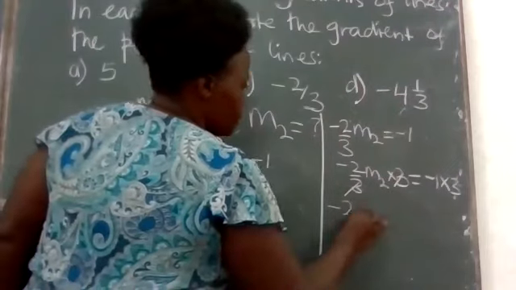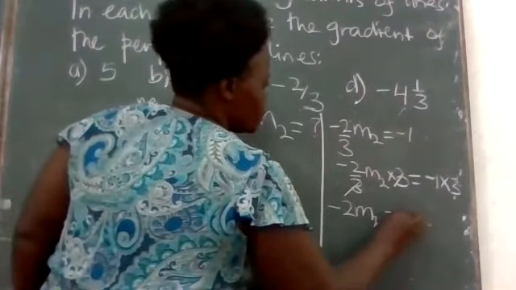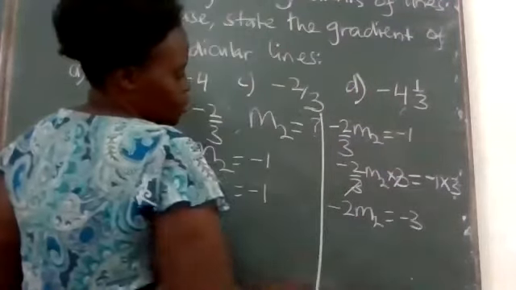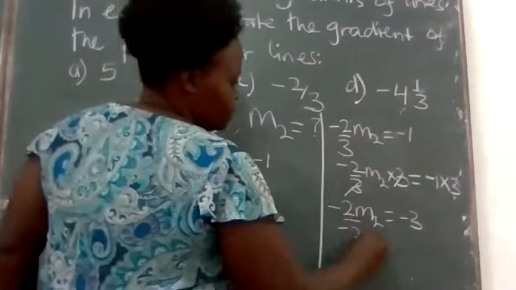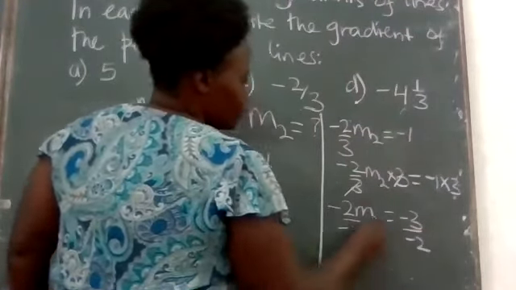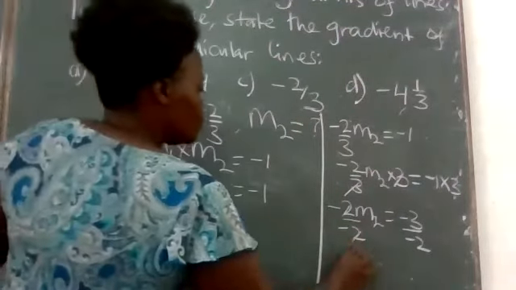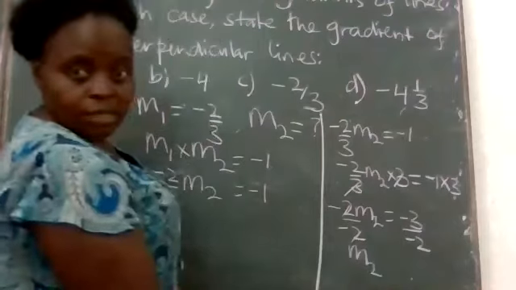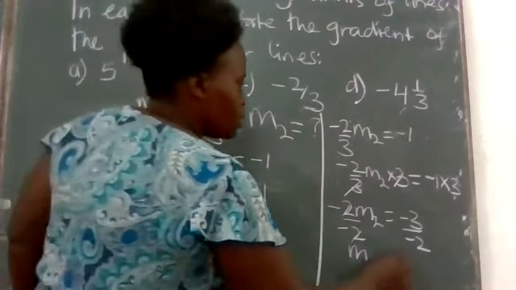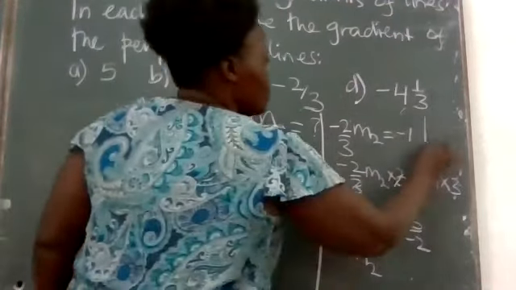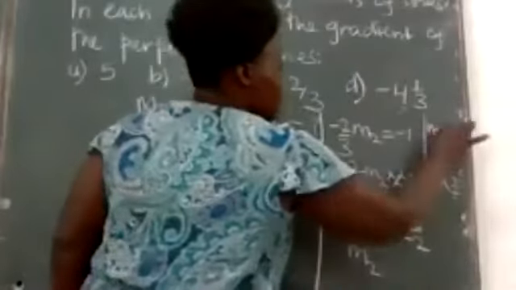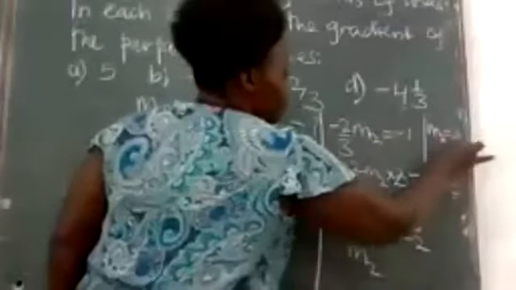We shall have -2M2 is equal to -3. When we divide by -2, we find that our M2 is equal to 3 out of 2.